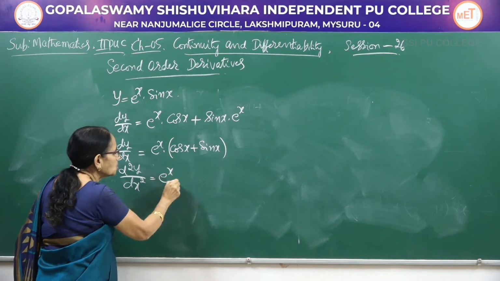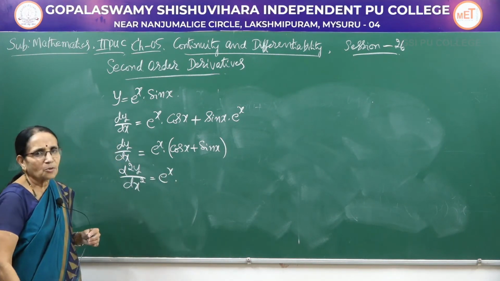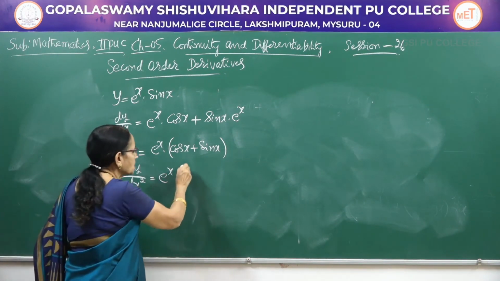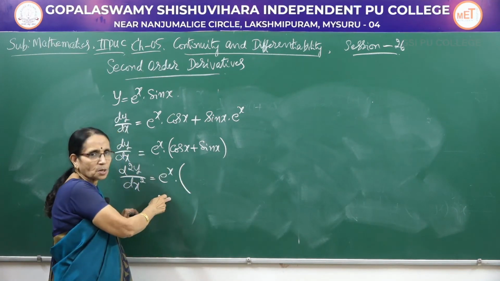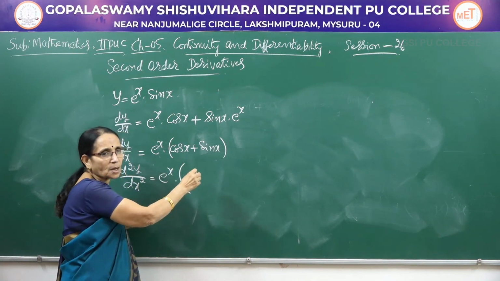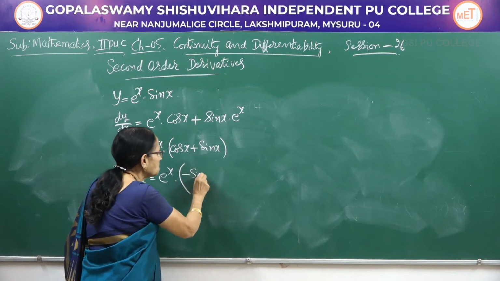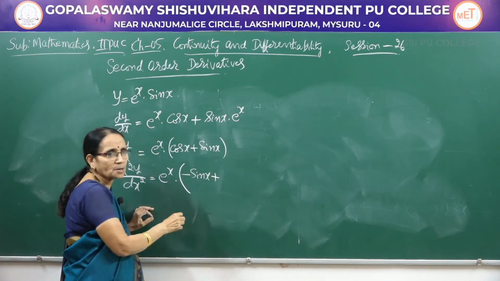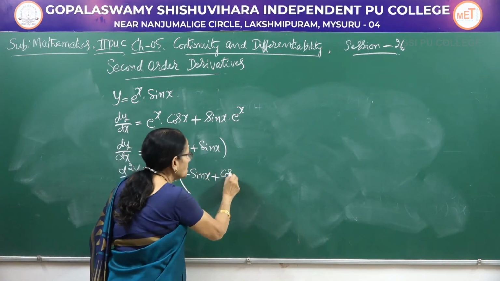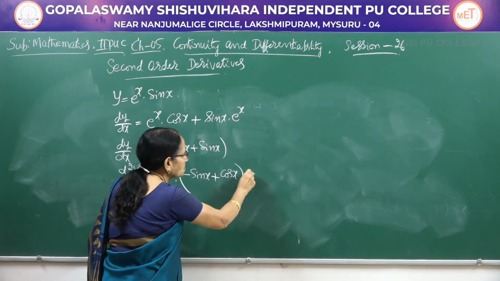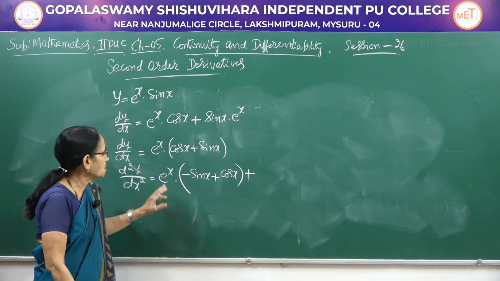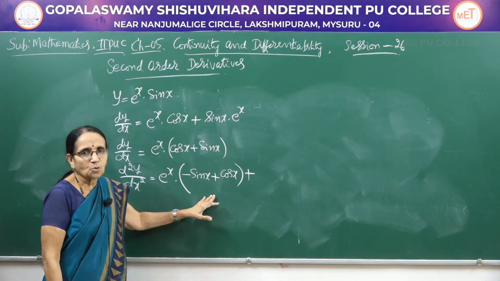to e to the power x. Little bit careful you have to be. E to the power x into, that is first function, into derivative of the second. Cos x becomes minus sin x becomes plus cos x. One common mistake I have seen is, this part every student does.